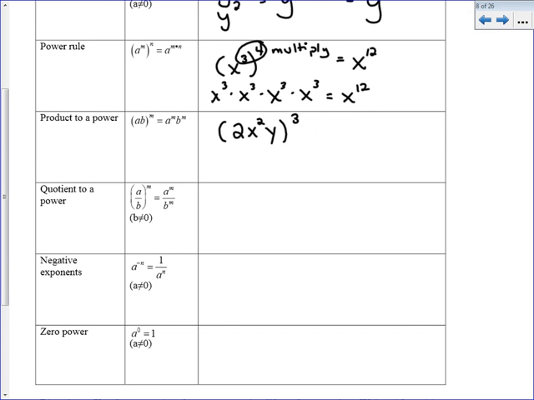Think about it like distributing. So I'm going to take that 3rd power, and I'm going to put that 3rd power on every one of my bases, even the number. So everything gets its own 3rd power.